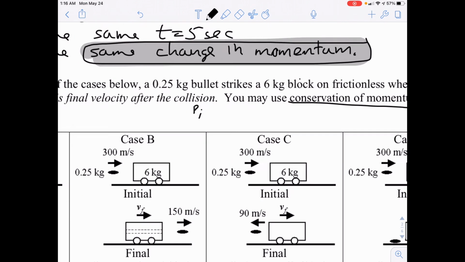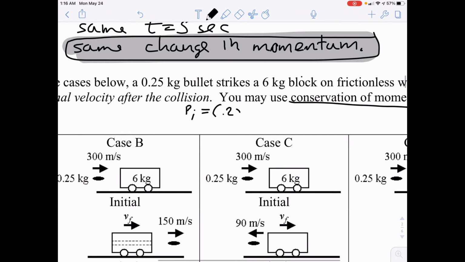So the initial momentum is going to be 0.25 kilograms times 300 meters per second.